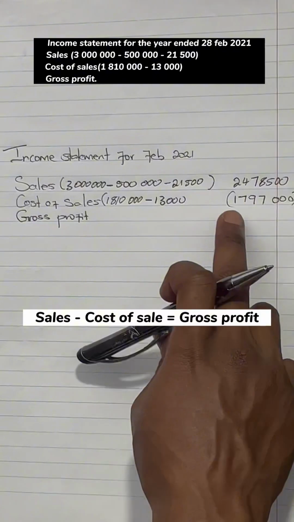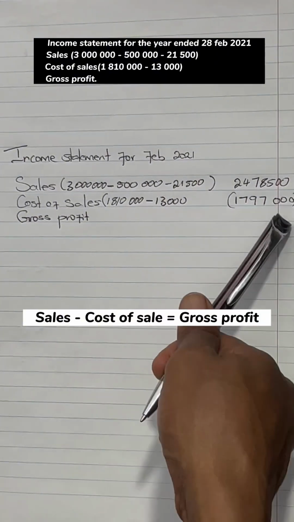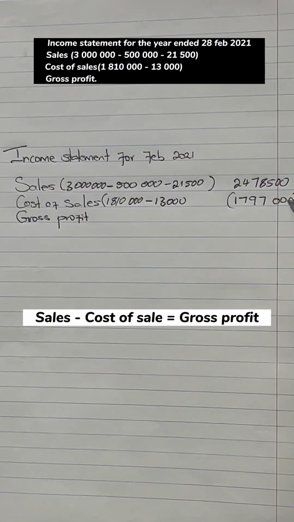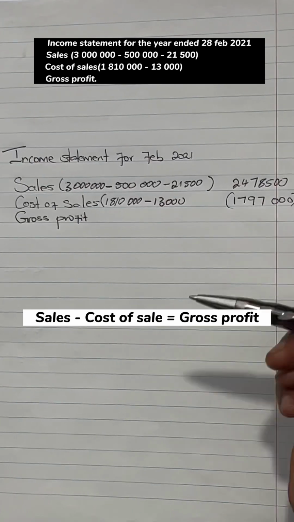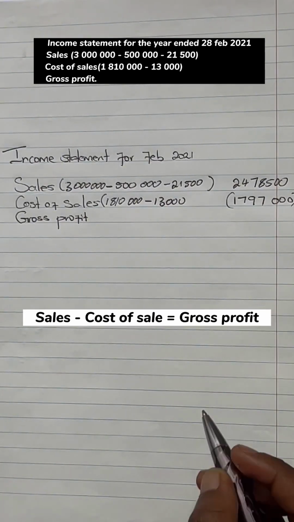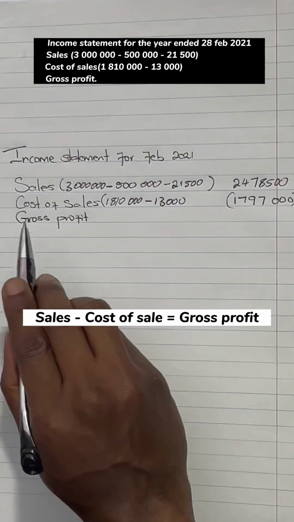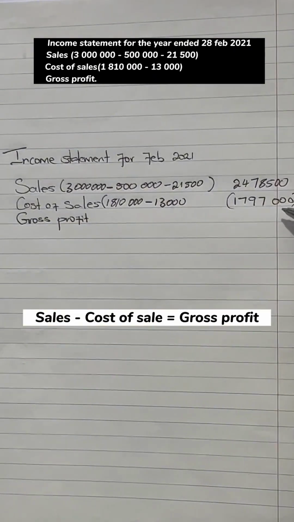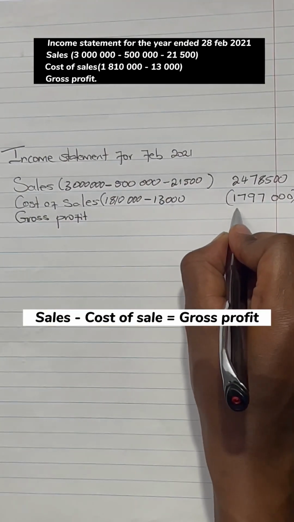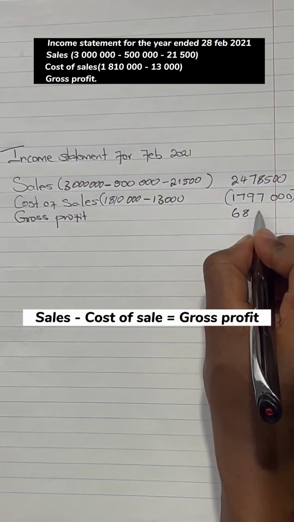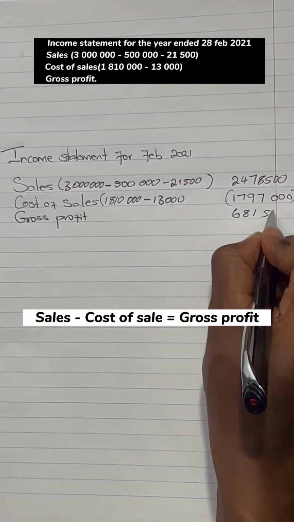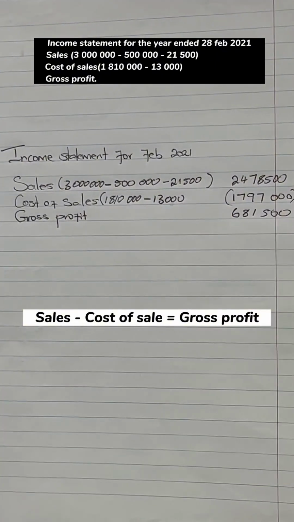Because it is cost of sales, we need to show in brackets that this amount will be subtracted from our sales, so that at the end of the day we have our gross profit. We made a profit of 681,500. Thank you guys, enjoy your day.